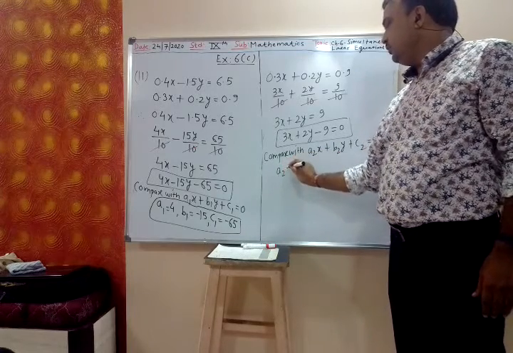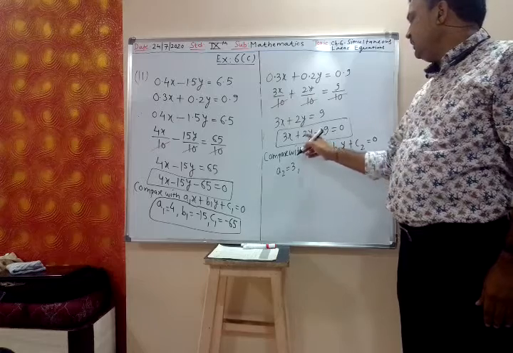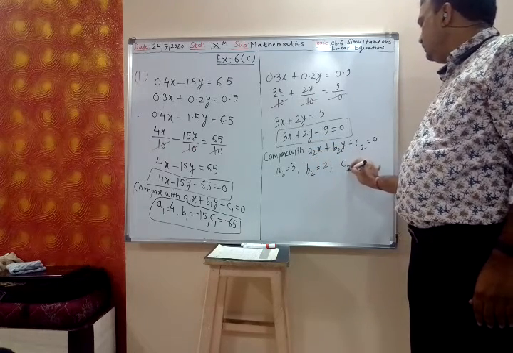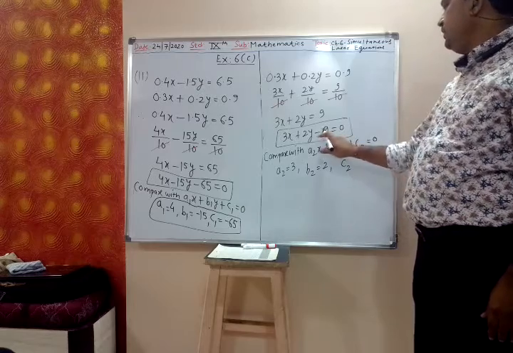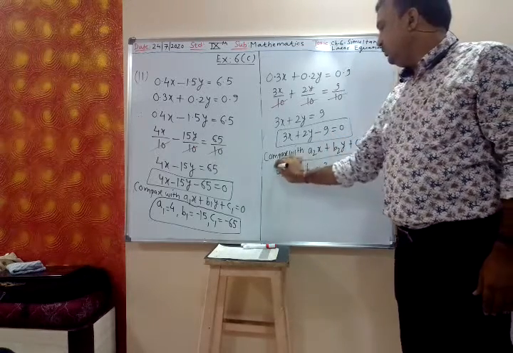So A2 is 3, coefficient of x. Coefficient of y is B2, so B2 is 2, and C2 is the constant term, minus 9, so C2 is minus 9. So A2, B2, C2.